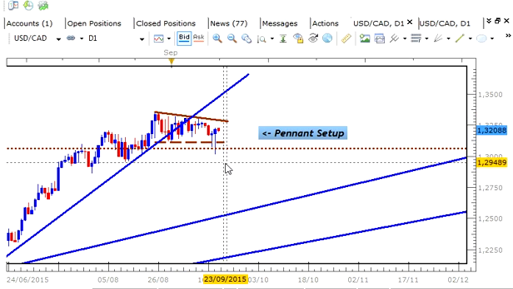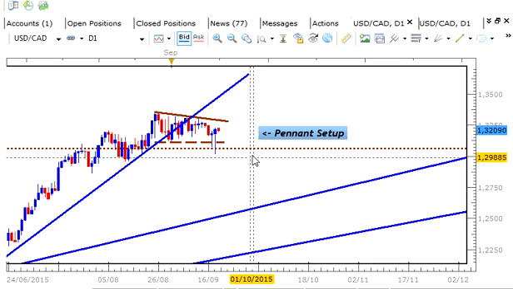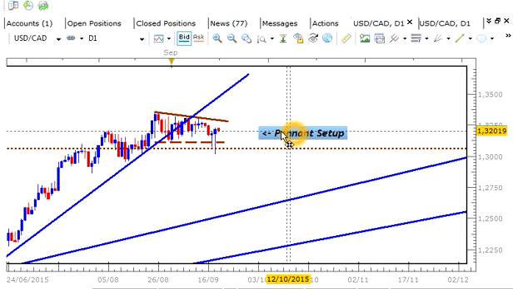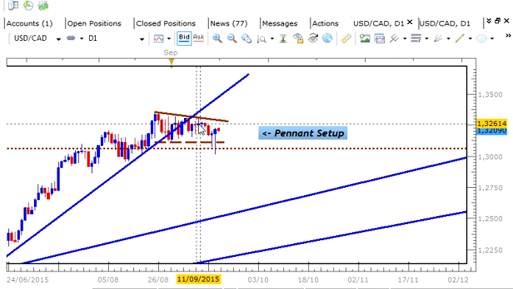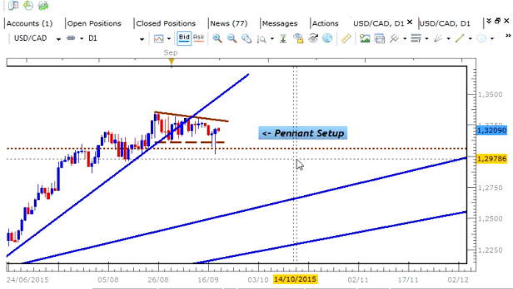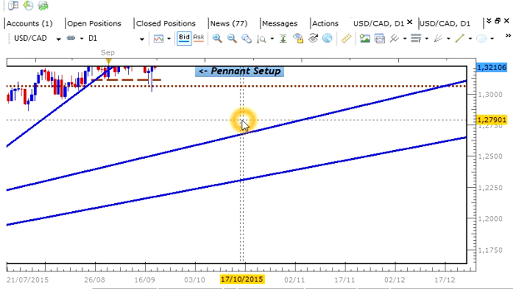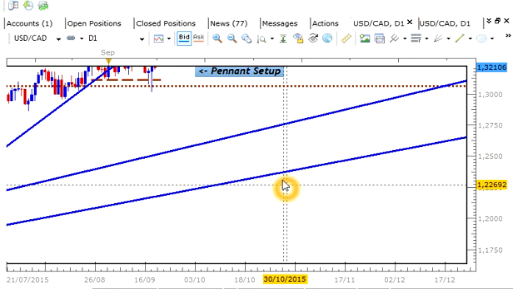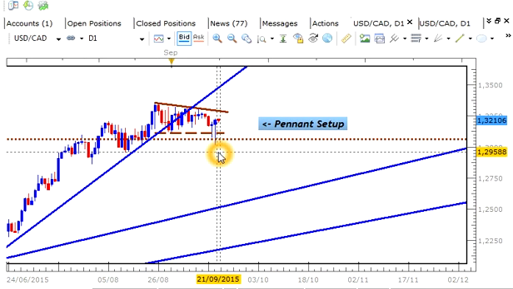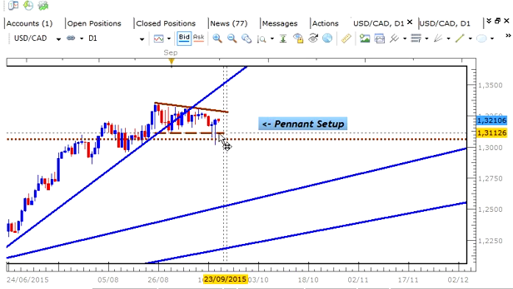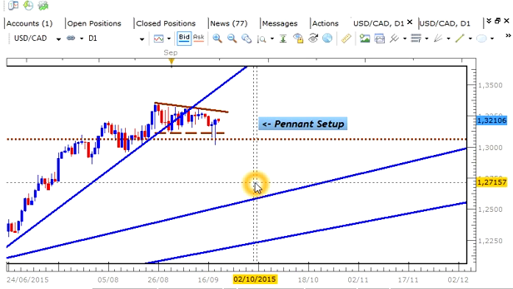If we see the market pull back lower here and then rally once more and form the right tip in the form of a pennant setup such as this, then we could be on the verge of seeing the market start a reversal in favor of the Canadian dollar that takes us possibly below these major uptrend lines. So that is what I would look for first of all before considering the bearish possibility.